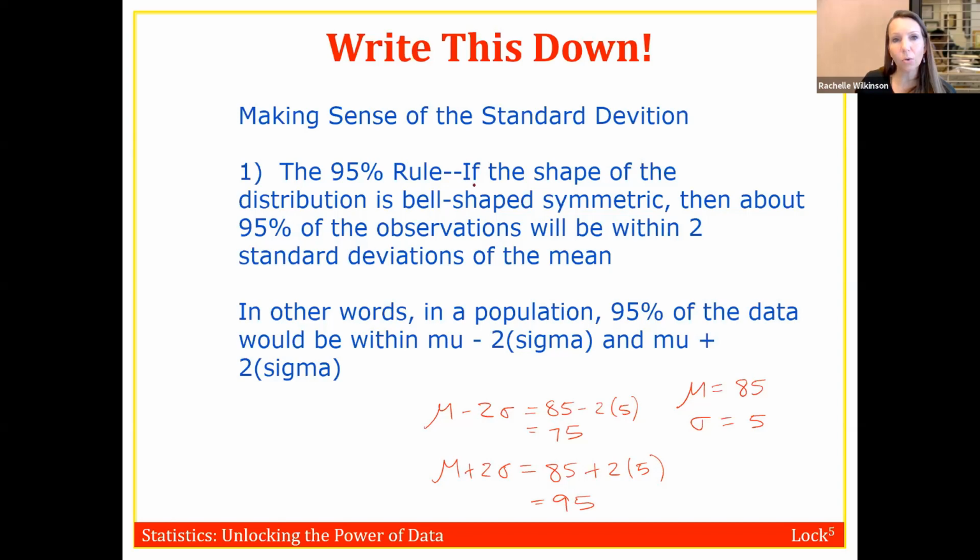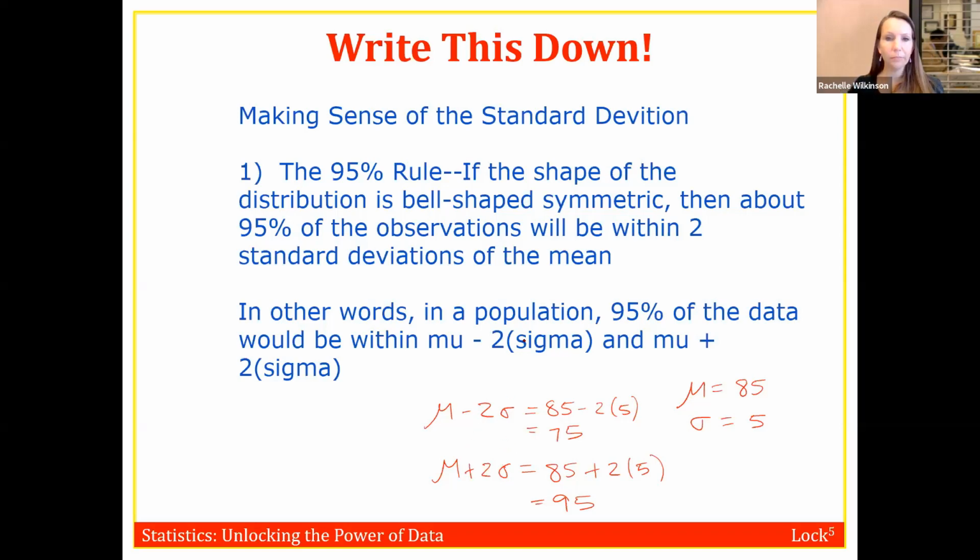So according to the 95% rule, 95% of the class scored between 75 and 95 on this exam. The rule just says here's where 95% of the values were, and we get those numbers by adding and subtracting 2 times the standard deviation from the mean.